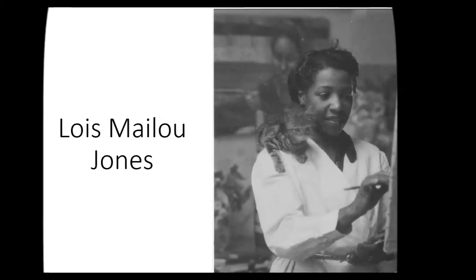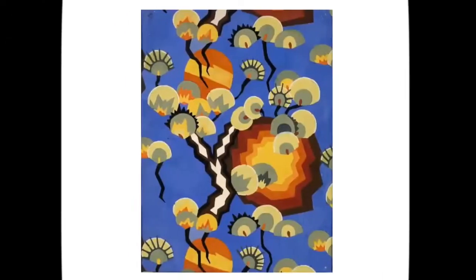So let's take a look at some of her designs. Here we have one, and what I want you to focus on are the colors. She used variations of colors. If you look at the brown, you can see variations of that brown where it gets a little bit lighter and darker in some points.